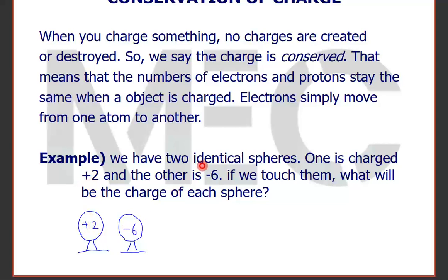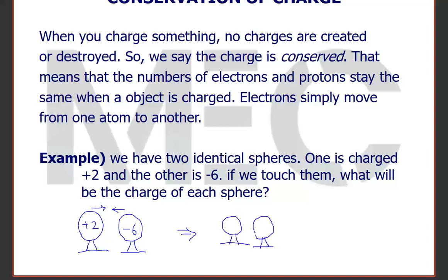And they are identical spheres. I mean, the size is the same, the material is the same. For example, both of them are made of steel. Okay, if we touch them with each other, because of conservation of charge, we'll have a total of negative 4. And then the negative 4 will be distributed equally between these two spheres.